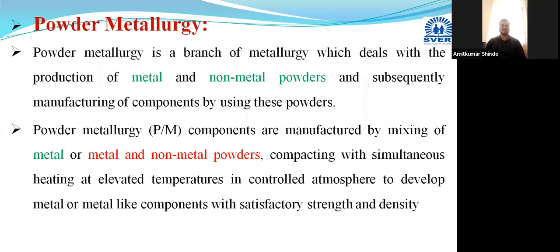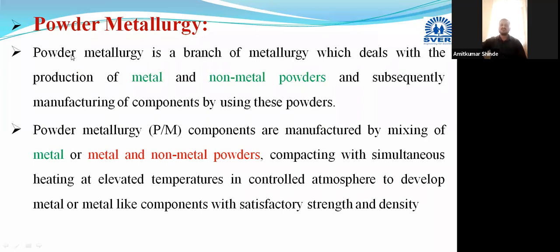These stages we are going to discuss one by one in brief, and at the end we are going to discuss the advantages of the powder metallurgy technique over conventional manufacturing processes, then some disadvantages of the powder metallurgy technique, and at the end we will discuss in brief the applications of this technique and the components manufactured from it. One by one, in today's session only, we are going to discuss this.